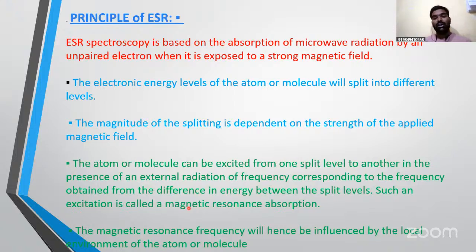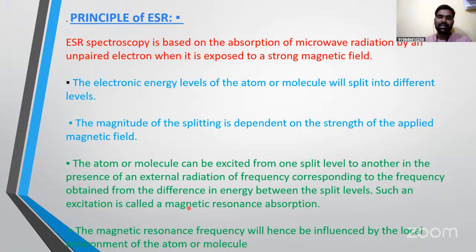When atoms or molecules are excited from one split level to another split level in the presence of external radiation, there will be a difference in energy between the split levels.